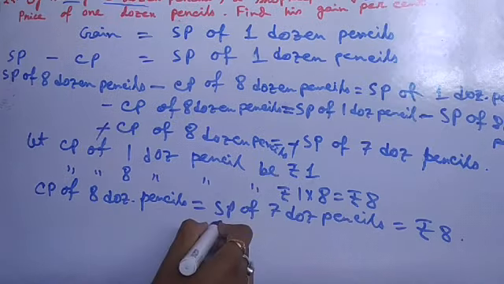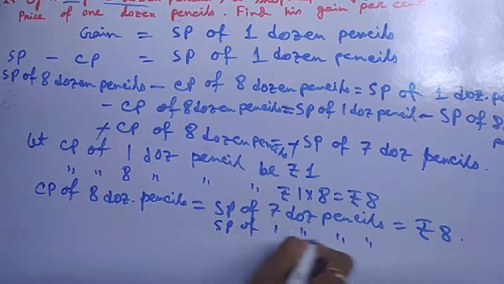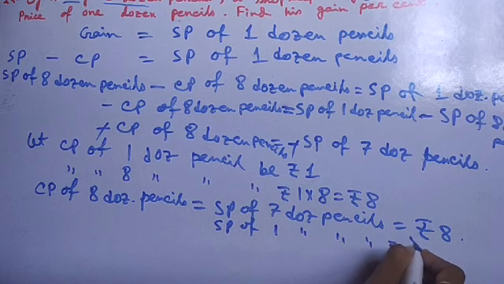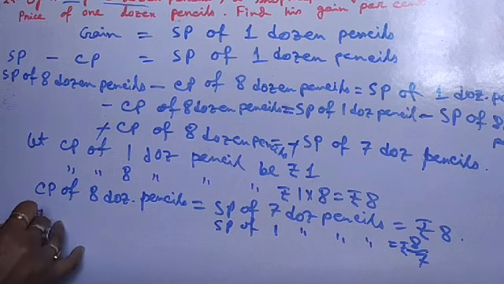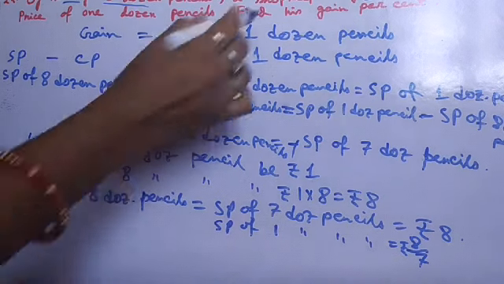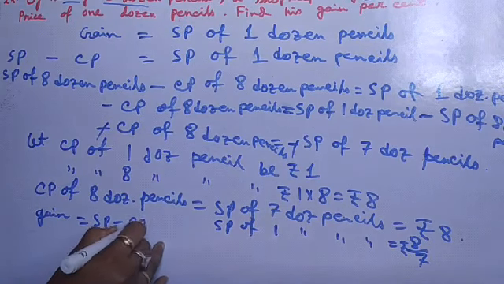Now from here we will find out SP of 1 dozen pencil, that is 8 by 7. So from here we will find out gain, because we have to find gain percent. Gain equals SP minus CP.